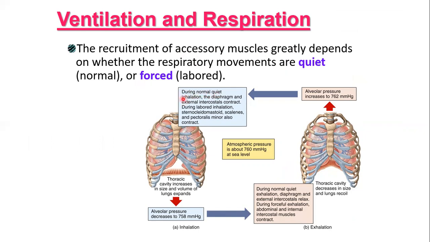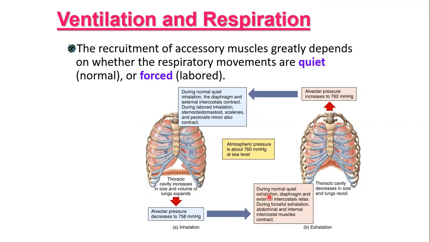During normal quiet inhalation, the diaphragm and the external intercostals will contract, while during labored inhalation, the sternocleidomastoid, scalenus, and the pectoralis minor will also contract. We need to know the muscles responsible for each group.